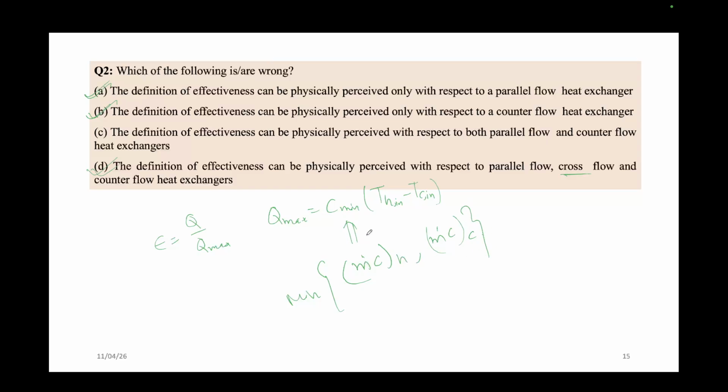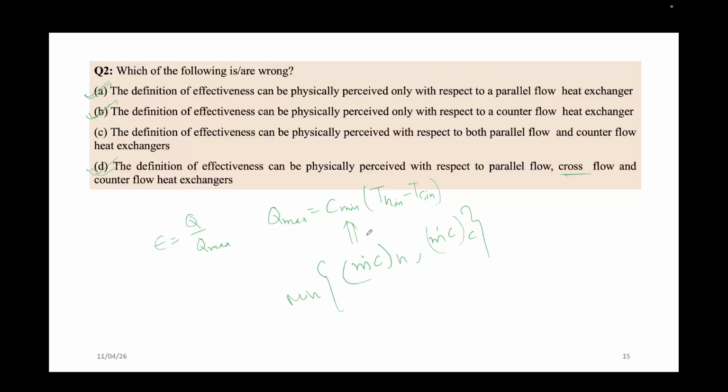So that would be counted here, right? So if I ask you a question, effectiveness depends on what? Almost.